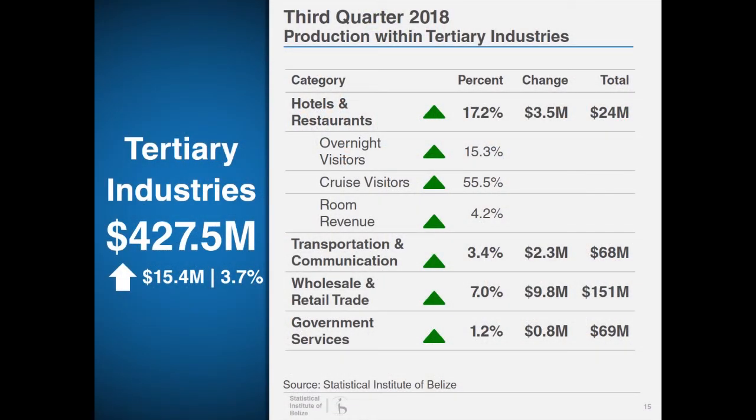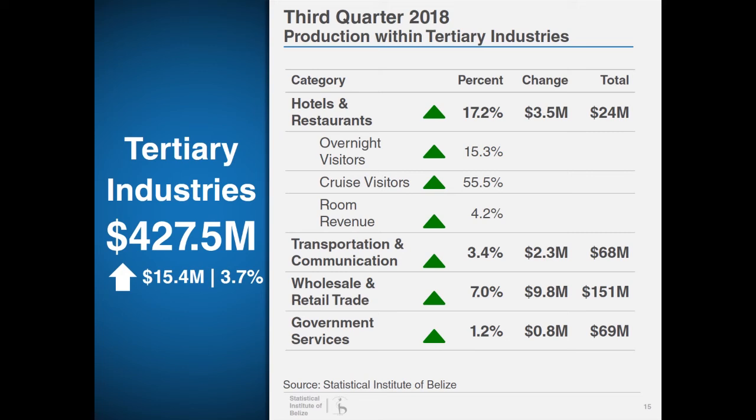So the tertiary industries, which accounts for more than half of the economic activity, grew by 3.7% or $15.4 million, totaling $427.5 million.